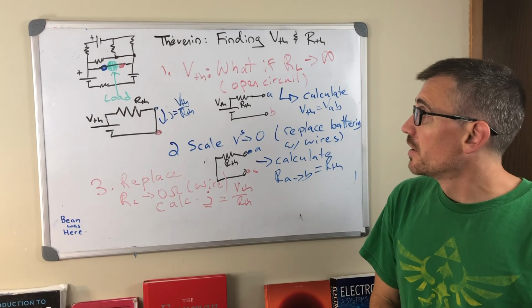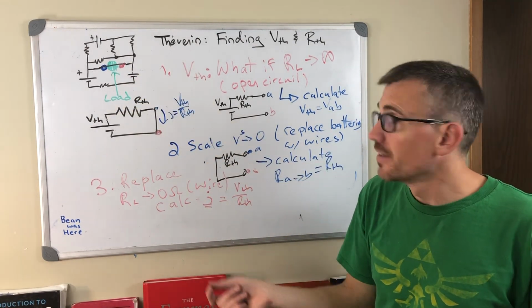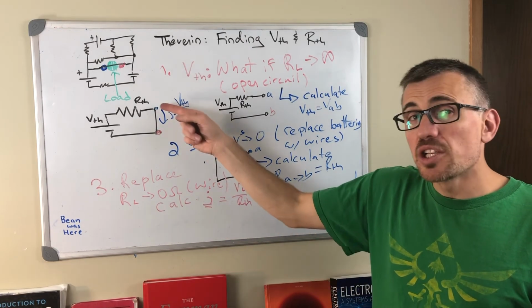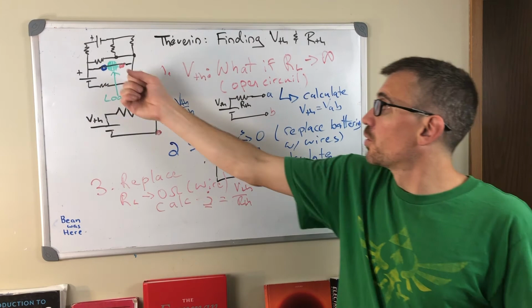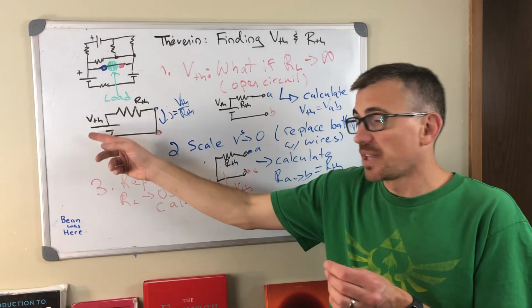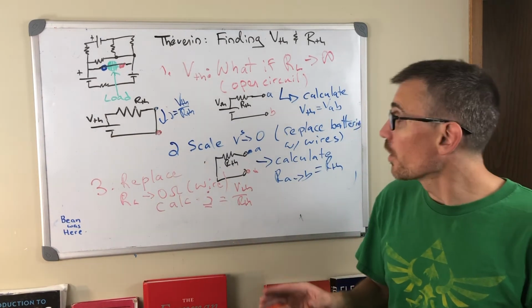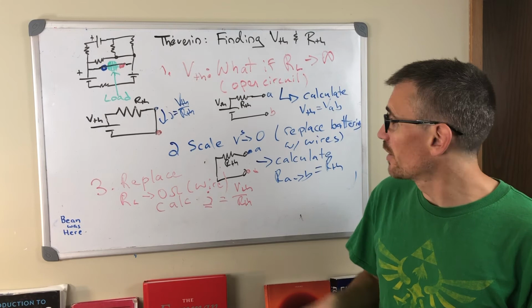You can do it by shorting out the load and then measuring the current. That is equal to the ratio of V-Thevenin over R-Thevenin. You can replace the load with an infinite ohm resistor and measure the voltage between them. That's going to give you V-Thevenin. Or, finally, you have a third option. 3 options to find 2 things, so you have a bit of leeway.